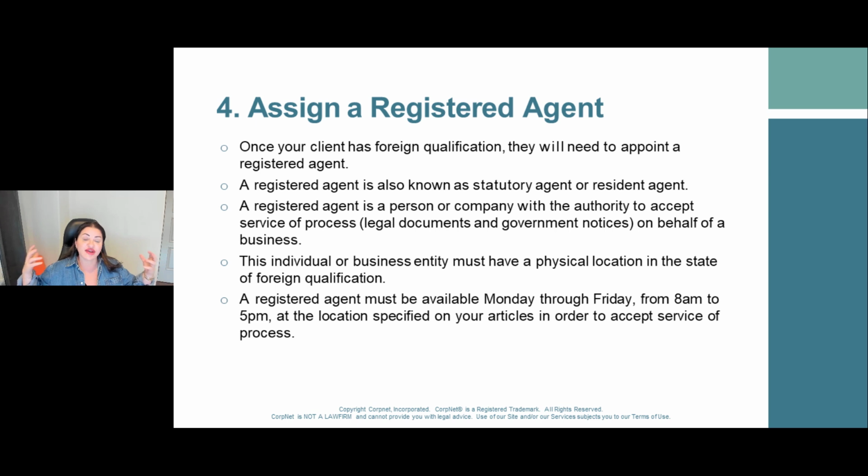So in designating a registered agent, you have to make sure they're available Monday through Fridays during normal business hours, and the location has to be specified on the articles in order for the Secretary of State to accept and approve that registered agent as a designated agent for that corporation or LLC, either in the home state or qualification state. You cannot have private mailboxes, a mail forwarding address, or a PMB. It has to be a physical address location.